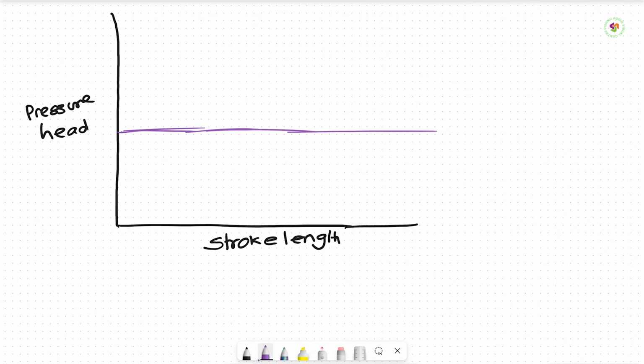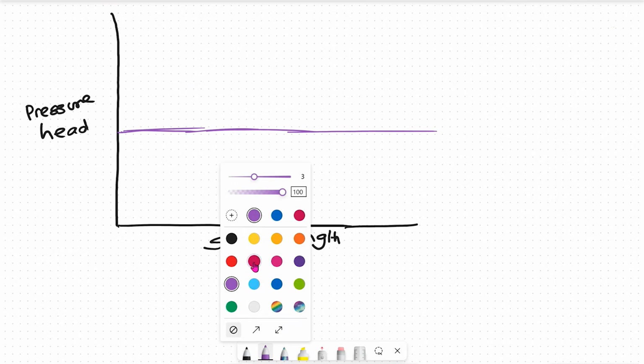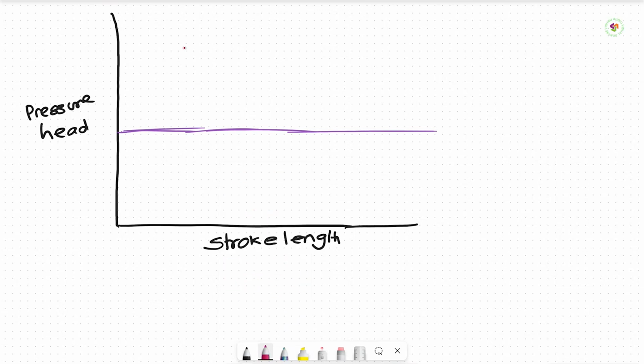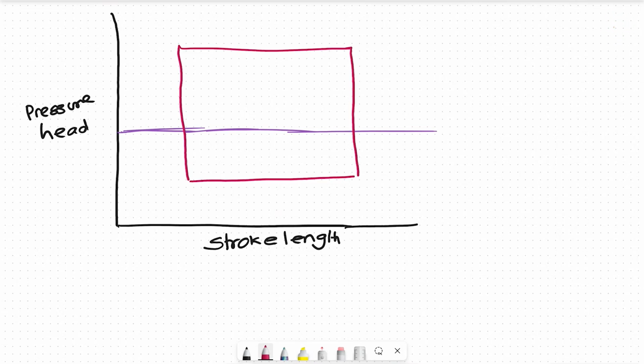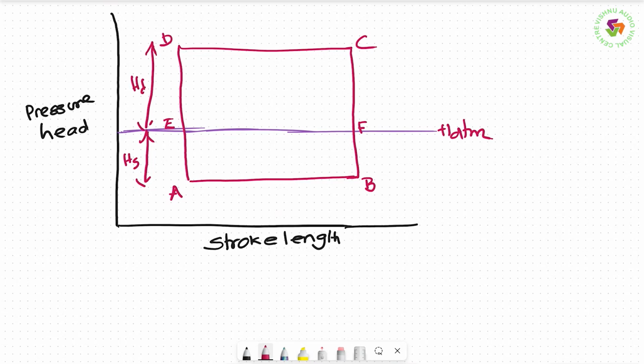Then we will draw the ideal indicator diagram, which I have given to you previously. This is how it looks. It is AB, CD, and this is EF. This represents H atmosphere, this represents HS, and this represents HD. This is the ideal indicator diagram.